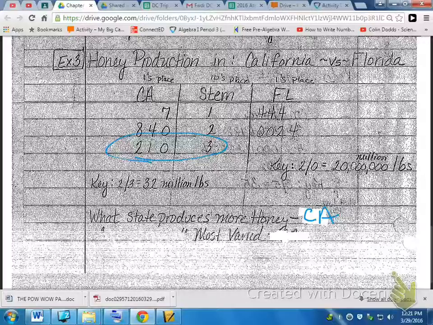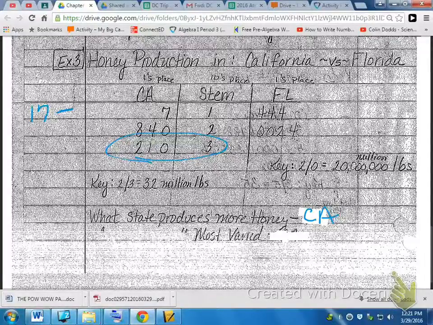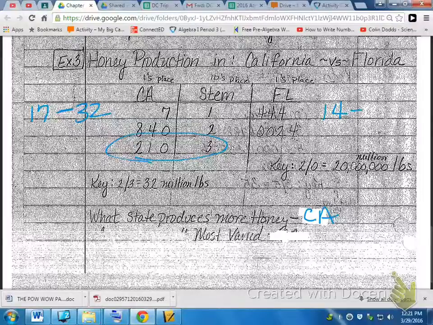What's the lowest number in California? 17 to what? 32. Okay, what about Florida? What's its smallest number? 14 to 24. Which one is the most spread out, 17 to 32, or 14 to 24? Okay, so California is the most varied. It's the more spread out. Questions about that?